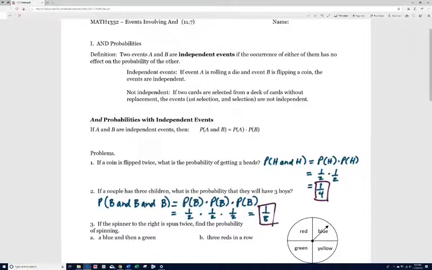In a previous problem, we wrote out the sample space, all the possible outcomes when you have 3 children, and we used it to see that the probability is 1 in 8. Here we're using an "and" probability to get the same answer. Go ahead and try number 3, and then I would encourage you to check your answers on the video.